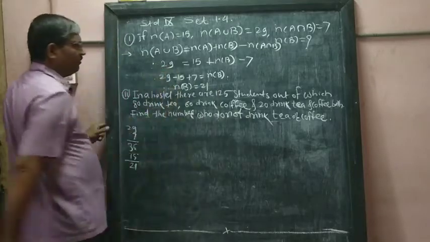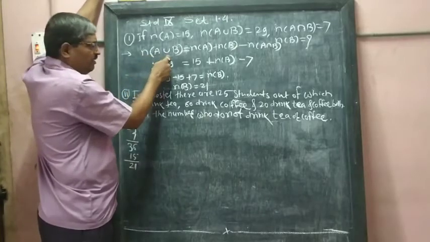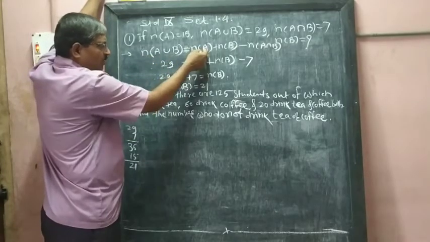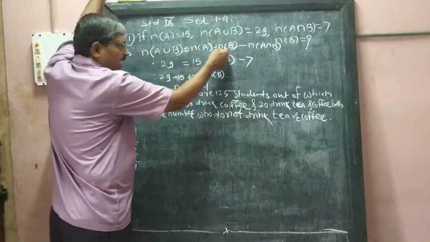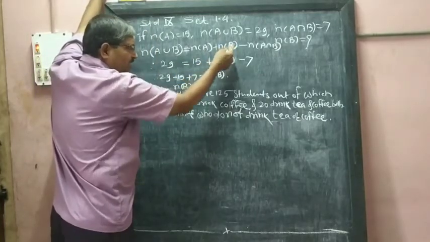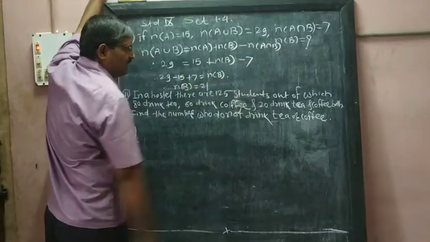We check one more time. The number of elements in A union B is 29, given. The number of elements in A is given to you as 15, and the number of elements in set B we don't know, and the number of elements in the intersection set is given as 7.